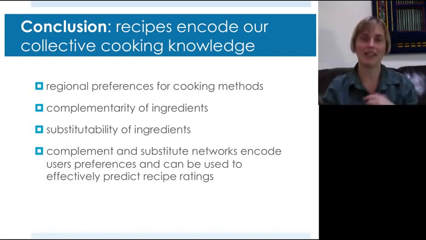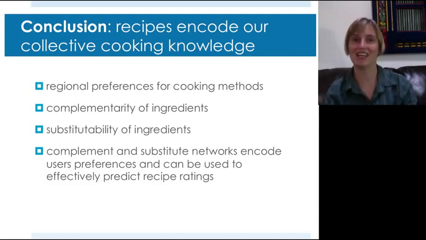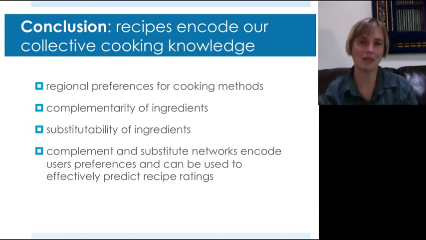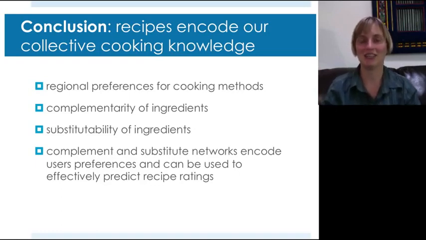Is it that one is often recommended as a substitute for another? You can then construct all these networks, and a fun thing to do is to see whether you can predict something about the world using the information of how the network is structured. And this is exactly what we did with recipes. We showed that you can predict which is a better recipe based on ingredient networks.